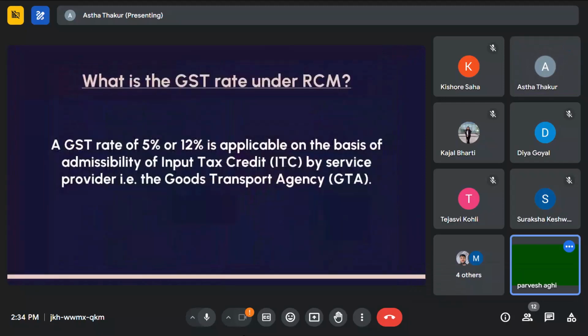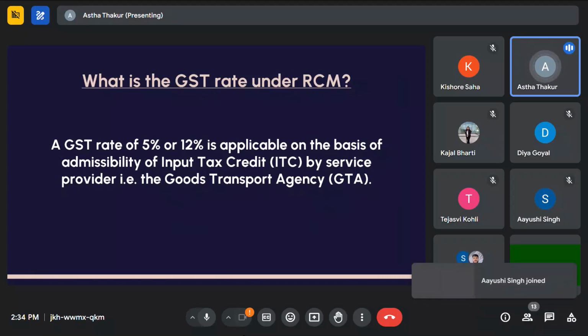The GST rate of 5% or 12% is applicable on the basis of admissibility of input tax credit by the service provider, that is the goods transport agency. If I talk about the input tax credit, it means that at the time of paying the tax on output, you can reduce the tax that you have already paid on the inputs and pay the balance amount.